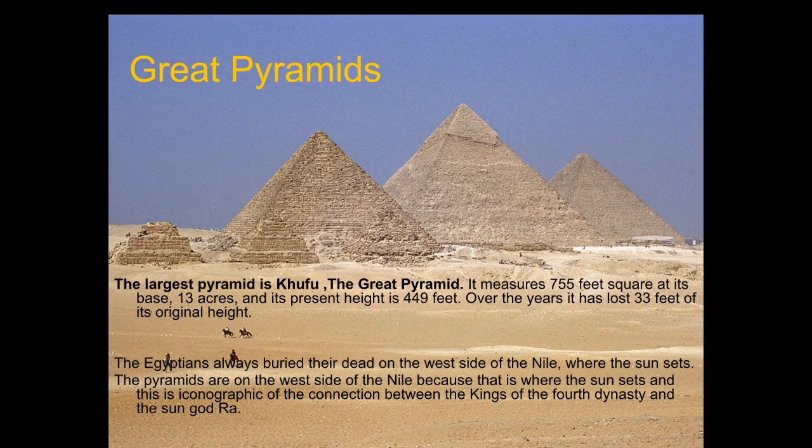It measures about 775 feet square at its base, 13 acres. It's huge. So that's the biggest one in the middle. Over the years, it's lost about 33 feet of its original height. The Egyptians always buried their dead on the west side of the Nile where the sun sets, because that would be a greater ascent for them into their afterlife.